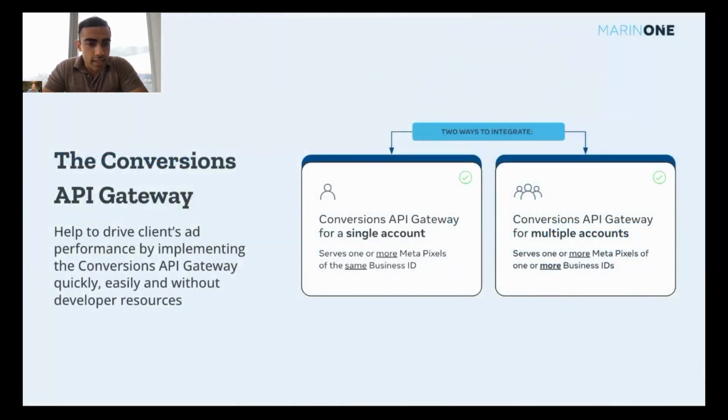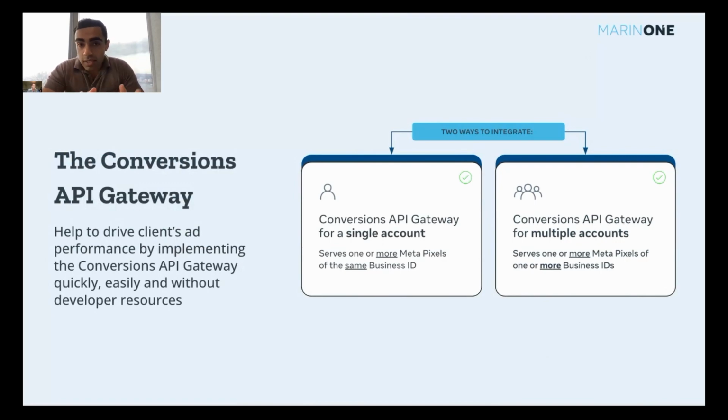Nice. All right, so let's double click into the Conversions API Gateway. Gateway is a self-service configuration option that you can select in order to complete the Conversions API integration quickly and easily. And the best part is that you don't need any developer or IT support. You may have heard of the single account version of Gateway, in which you, the advertiser, would essentially need to spin up an Amazon Web Services account and set up the gateway by yourself.